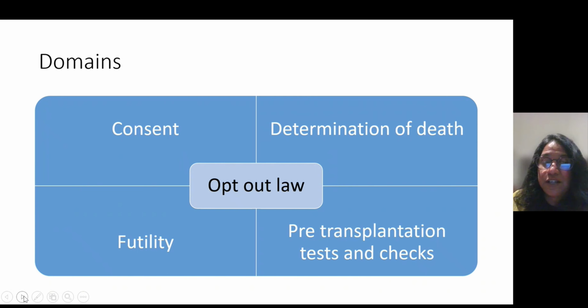It's a fantastic piece of legislation which has laid out clearly and unambiguously consent, futility, the legal determination of death, and also gives sanction for pre-transplantation tests and checks. It also clarifies which family member or next of kin is approached, and what the hierarchy of these family members may be in a family setting, certainly when there's dissent.